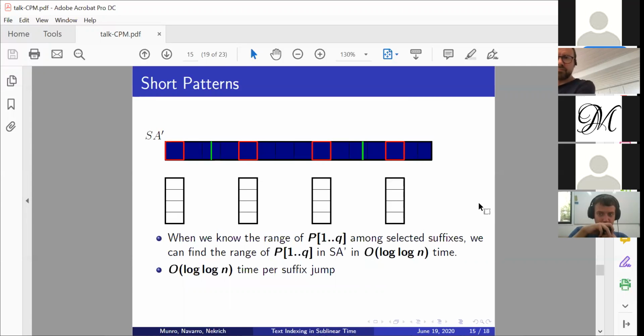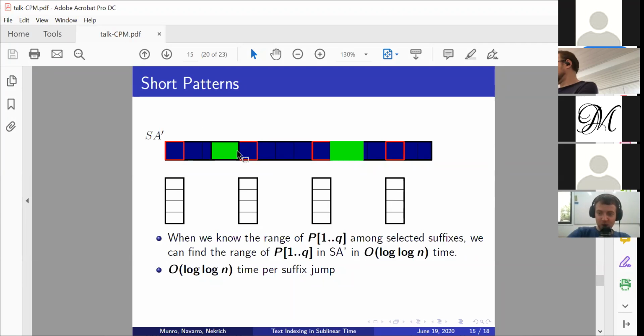The problem of searching for suffix jumps is reduced to the same problem on a smaller set. So what we will do, we'll first identify the range of the new pattern P1Q among the selected suffixes. Let's say these are these two red suffixes. And then all we need to do is just look in this green area, or look in two green areas.